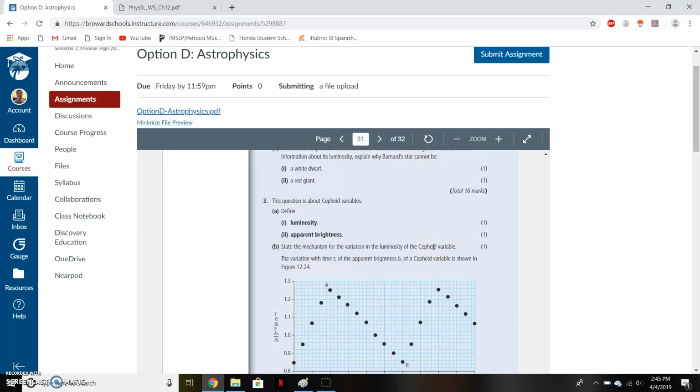So the mechanism for variation is the size of the star being observed. Because the star changes in size, surface area increases, therefore more energy, thus more luminosity changes as the Cepheid variable increases.